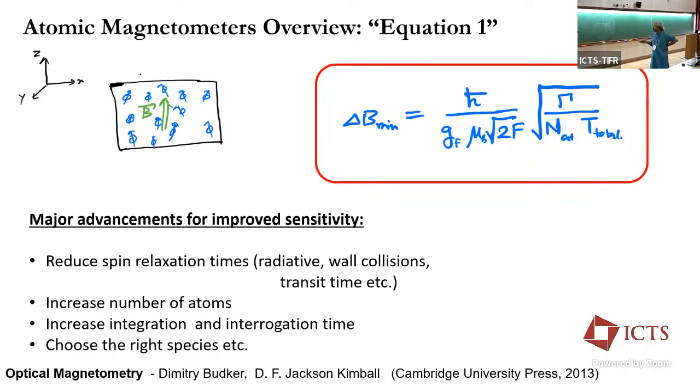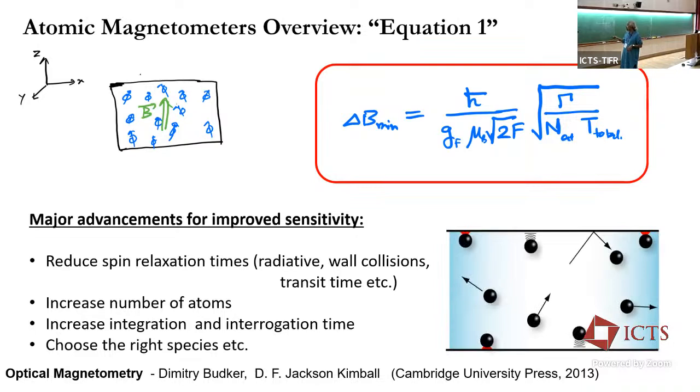So you see immediately that, as an experimentalist, if I really want to hit the sensitivity limit, one thing I'd like to do is reduce the spin relaxation time, make it small. There's a tremendous amount of literature; you can see this book or the other one I referred to. You do it in many different ways, trying to reduce the radiative decay by choosing ground state coherence.